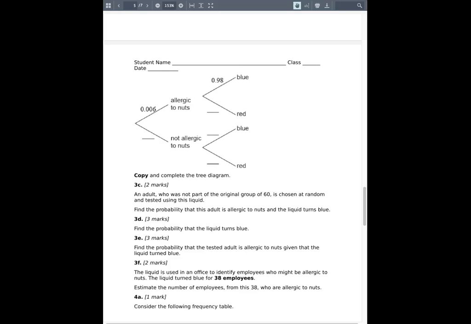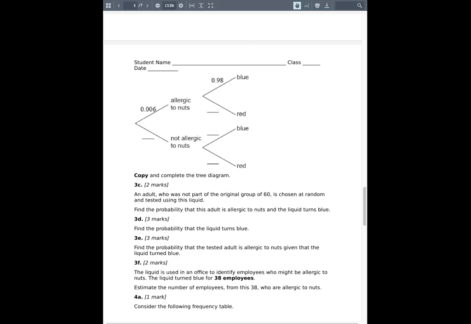3E. Find the probability that the tested adult is allergic to nuts given that the liquid turned blue. So your numerator would basically be what it gives you in the question: 0.006 multiplied by 0.98, because it's asking for the probability that the tested adult is allergic to nuts given that the liquid turned blue.